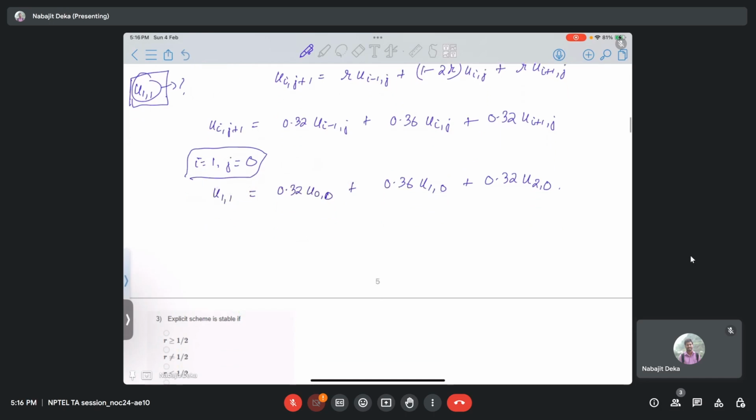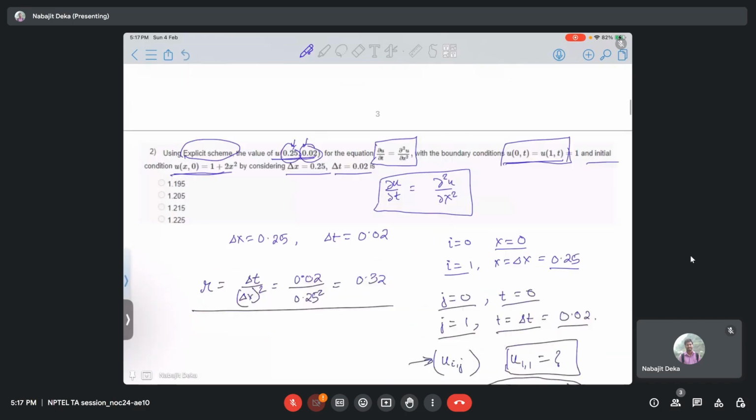So now we need to find these values: u 0 comma 0, u 1 comma 0, u 2 comma 0. These are the values of the dependent variable at the initial time, because all are at zero, right?